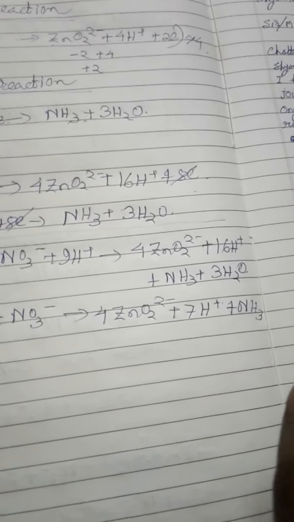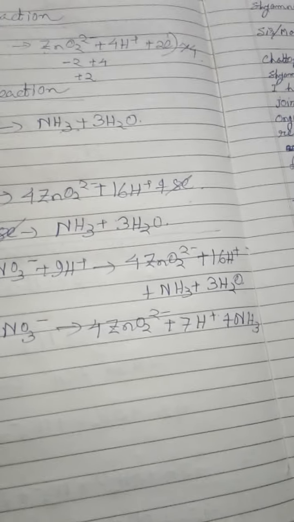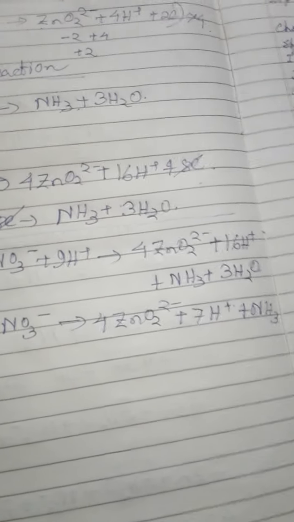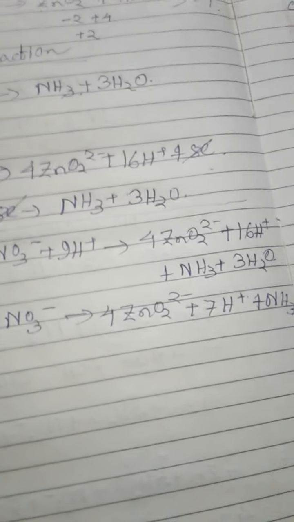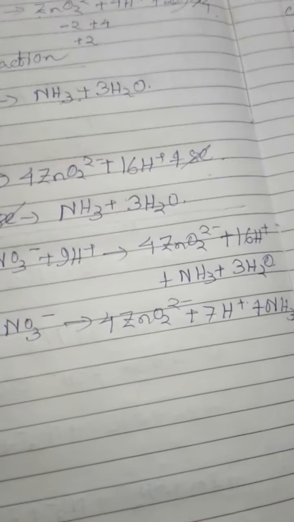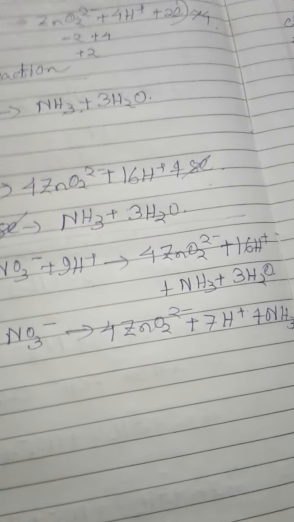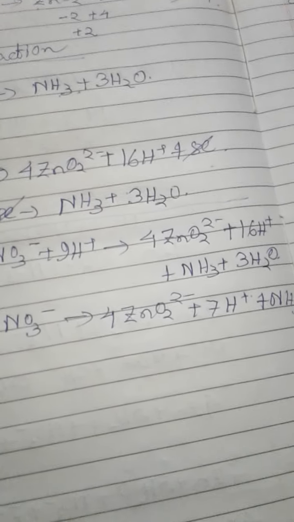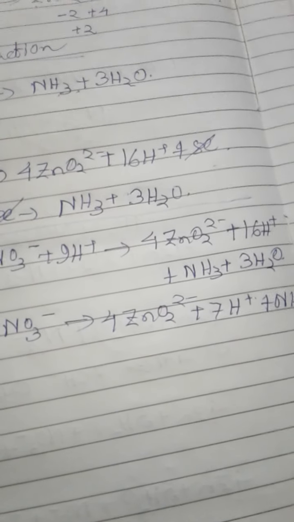So we must add an equal number of OH minus on both sides, and the number of OH minus should be equal to the number of H plus present in the balanced equation.